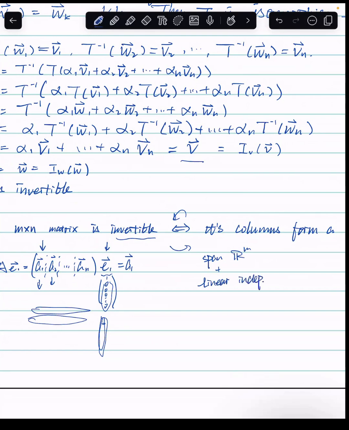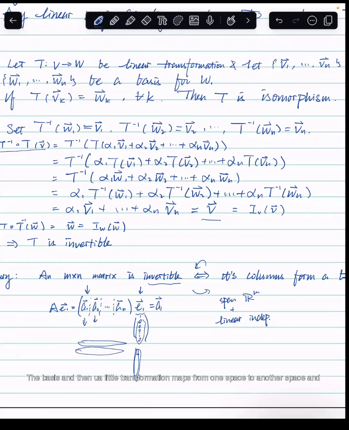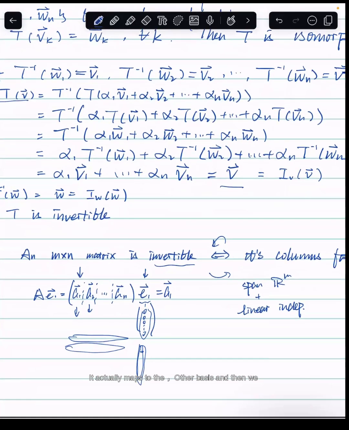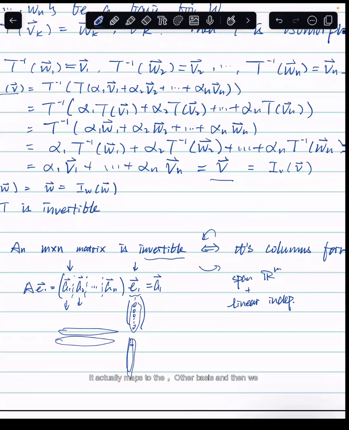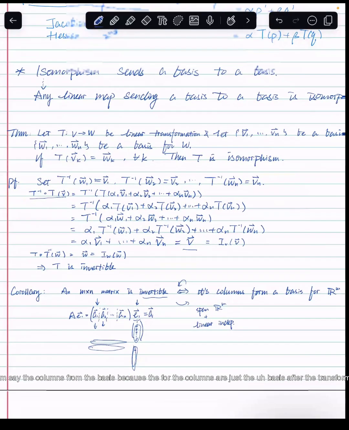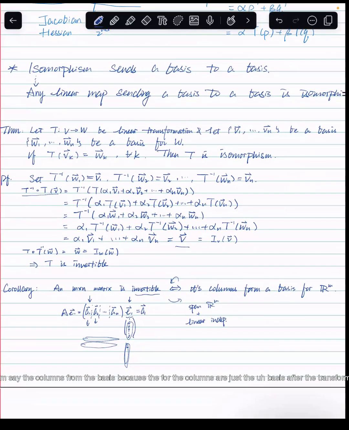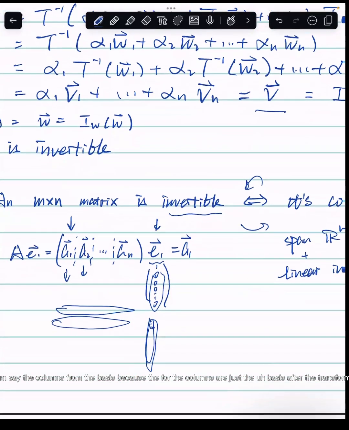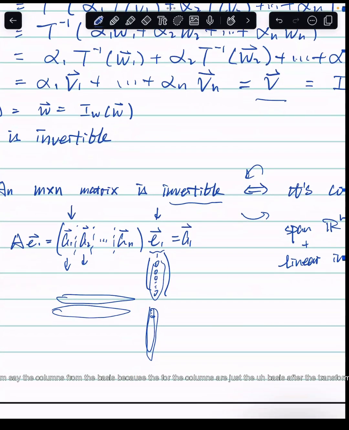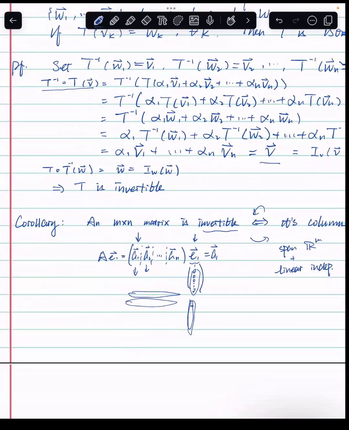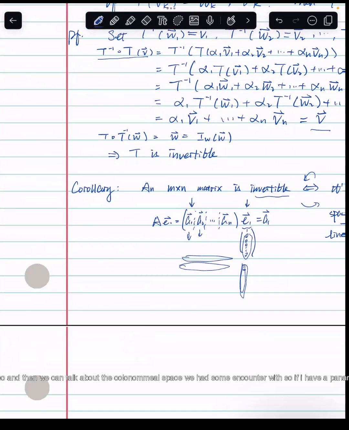So we just need to find the basis, and a linear transformation maps from one space to another space, and it actually maps to the other bases. Then we can say the columns form bases, because the columns are just the bases after the transformation.